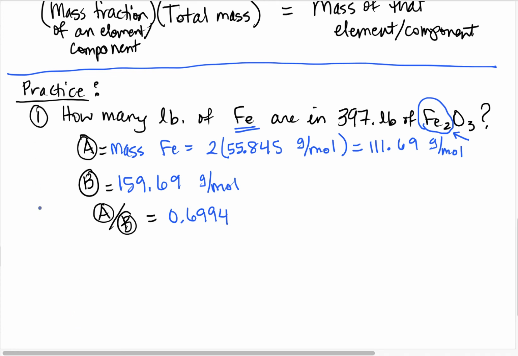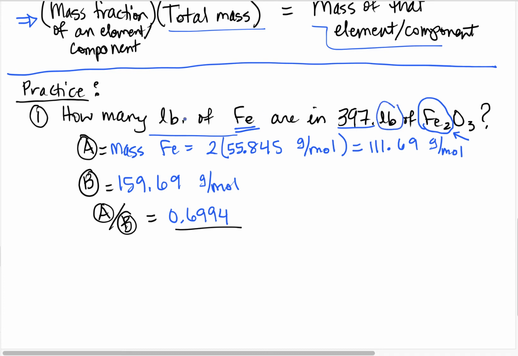So this is my whole initial step, and now I need to do this mass fraction times the total mass is equal to the mass of that component. So my mass fraction is this number, my total mass is this number, and then I want to know how many pounds of iron I have. Now, I want to pause here and point out the units.